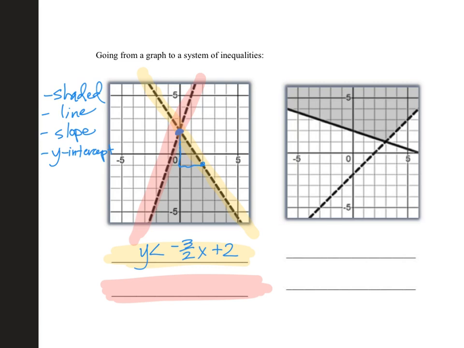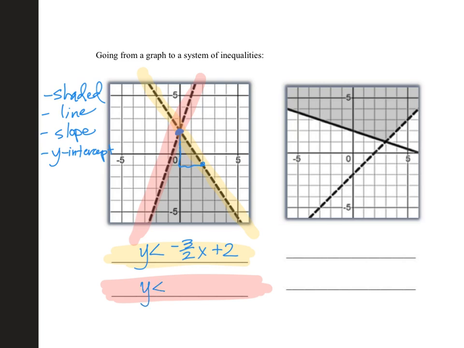We see that it's dashed, and we also see that the area below this line is what is shaded. So it's the same thing as we had with the last inequality, the area below. So we're going to also have y is less than.